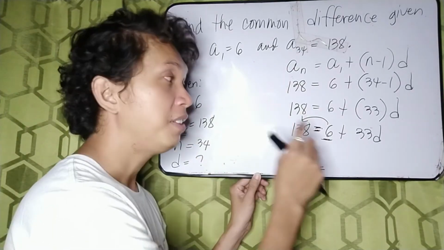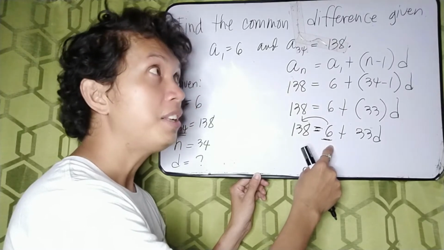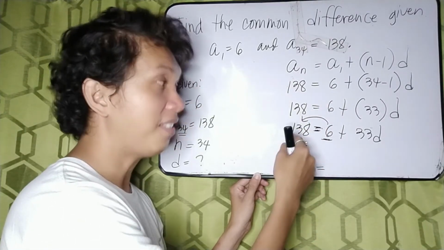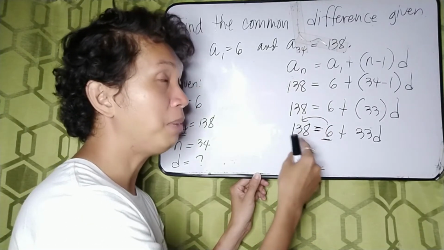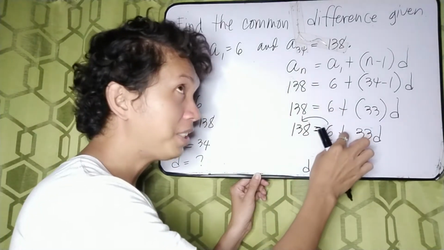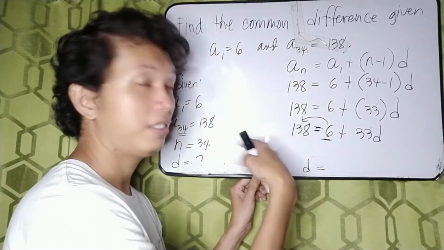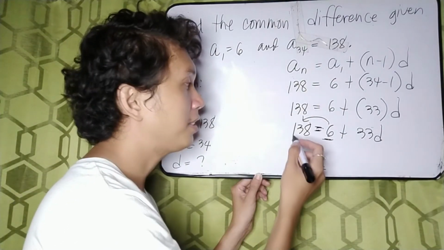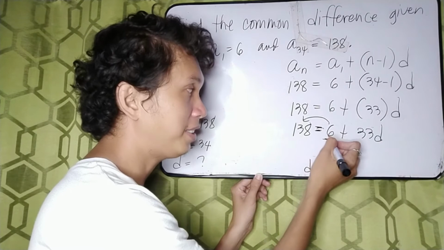But if the number here is negative, then it crosses the equal sign, then it becomes positive. But if here is also positive and it crosses to the other side, then it becomes negative, and vice versa. Now let's go to transposing 6 to the other side.